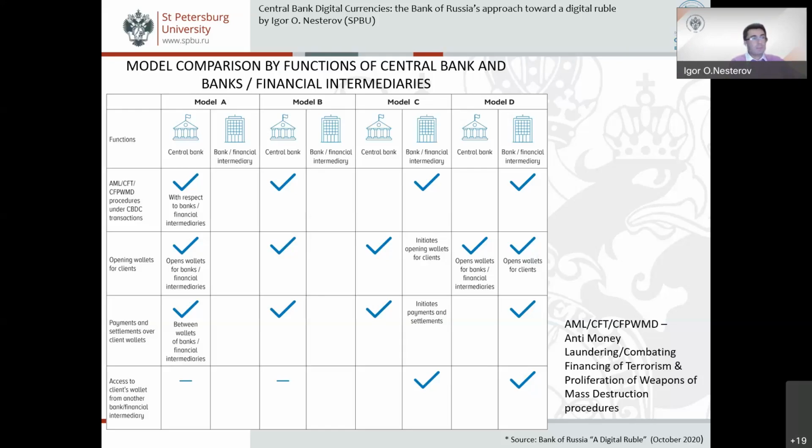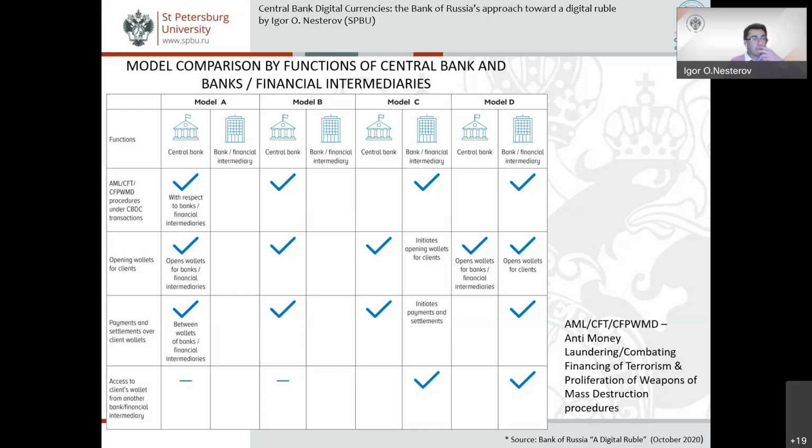And Model D preserves the functionality and significance of commercial banks and the economic system at the existing level. No wonder that according to the survey conducted by the Bank of Russia, for example, 84% of respondents were in support of this type of model, that is the decentralized two-tier retail model.